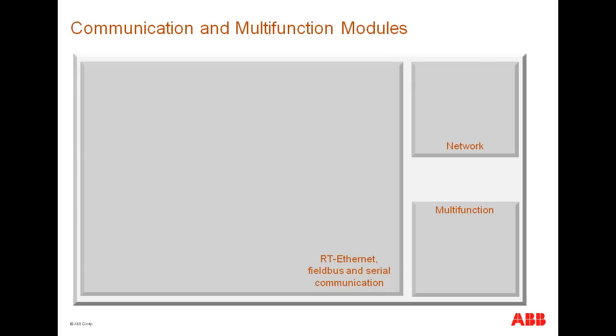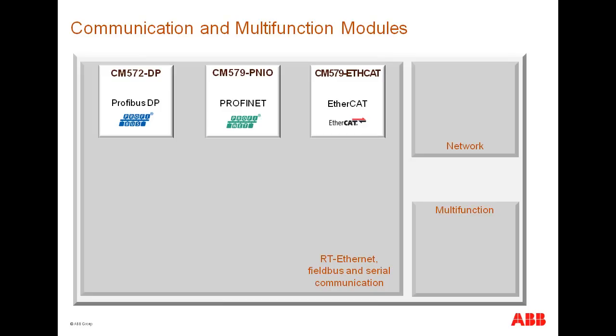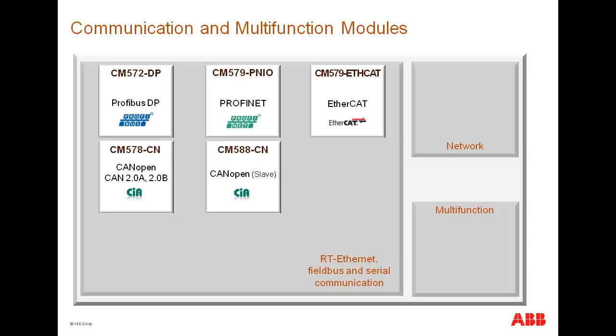Now we will discuss briefly all the available communication modules. As you see them on the screen, CM572 is a DP master module for realizing Profibus DP Fieldbus communication. The other Fieldbus modules are CM579 for Profinet I/O and EtherCAT, CM578 for CANopen Master, CM588 for CANopen Slave, and CM575 for DeviceNet connectivity.